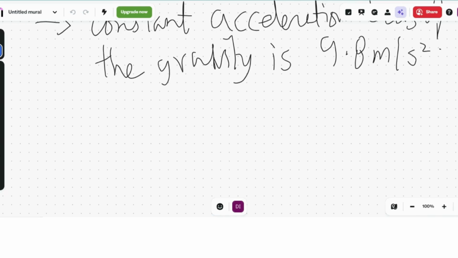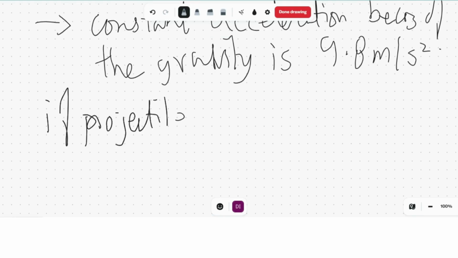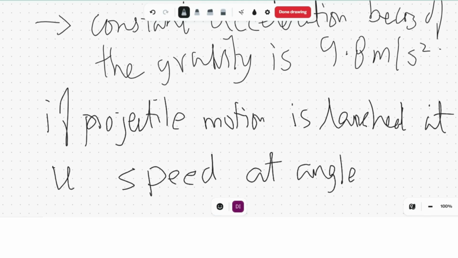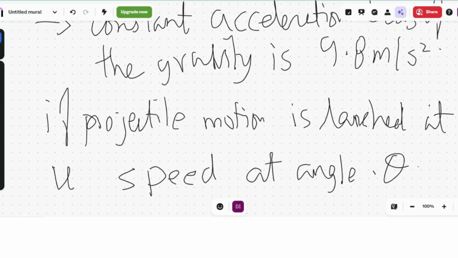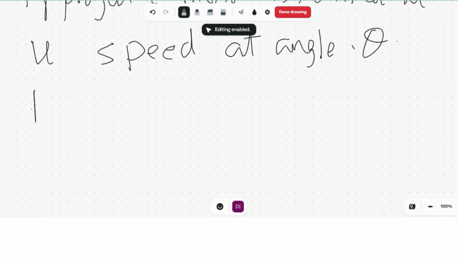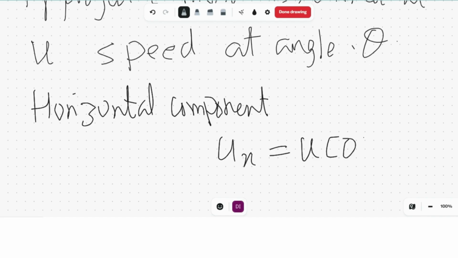If a projectile is launched at speed u at an angle, for example theta, then the horizontal component would be ux equal to u, that is the velocity, cos of theta.